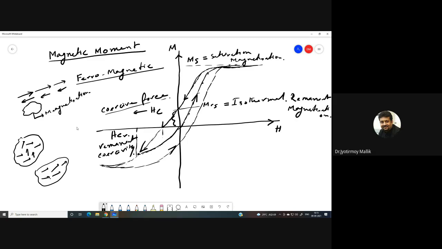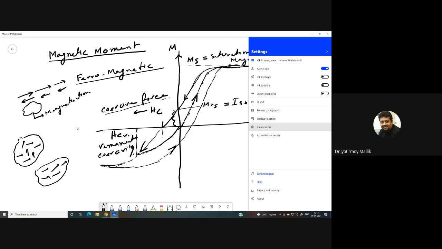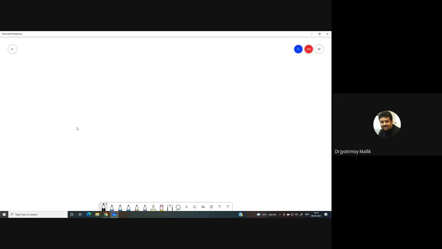Okay, very good. Now I wish to bring another important concept, which is called the domain structure. Let us say I am looking at two ferromagnetic grains.